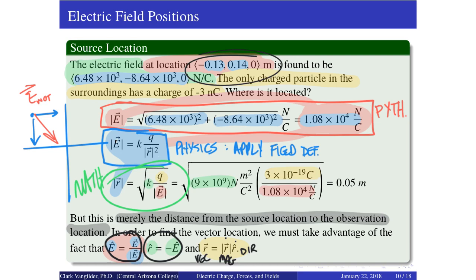Or that's part of it. That's one of the locations. The other one is 0. So the next slide is going to be us simply taking what we got from this slide, the fact that the direction of the field and the direction of the position vector have to be along the same line, then I can actually figure out where this thing is located.